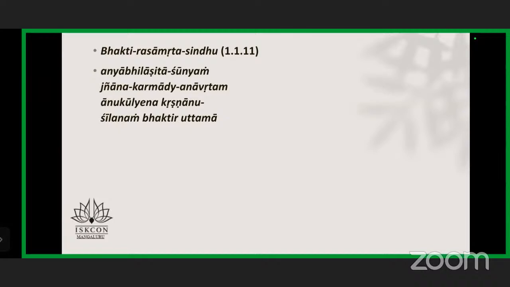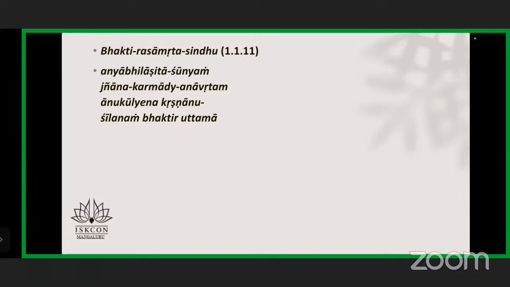A person wants liberation. But we saw initially in Bhakti Rasamrita Sindhu, it is said moksha laghutakrit. That means even moksha is not desired by a devotee. Why? He does not want moksha.